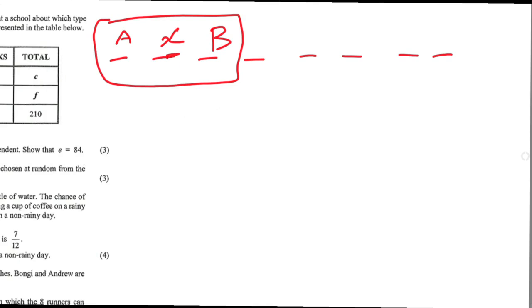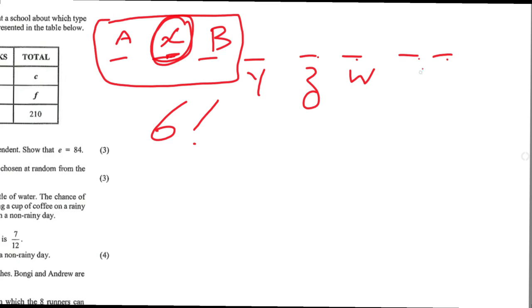This is the second scenario. So 6 factorial. In the middle here I give the number X, so it can be Y, Z, W, M, or J. Anyone can be placed here.